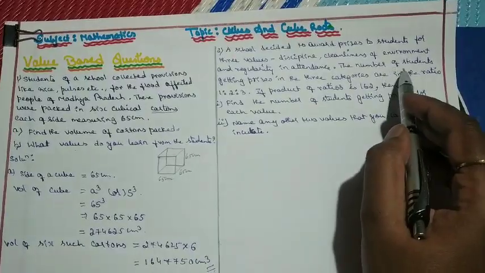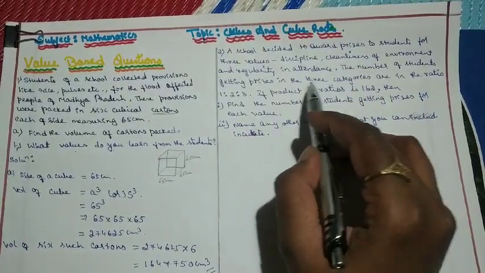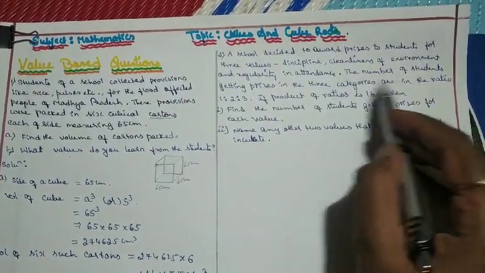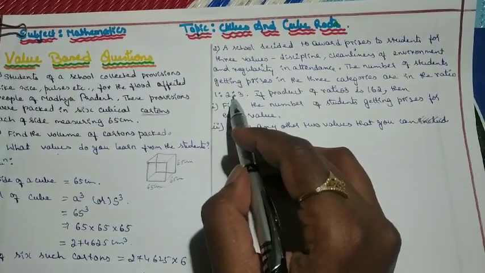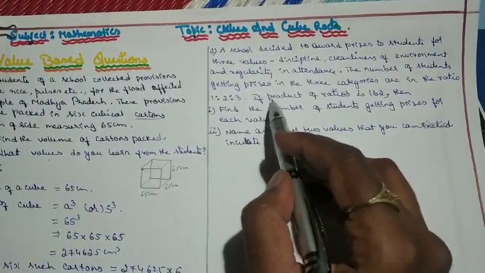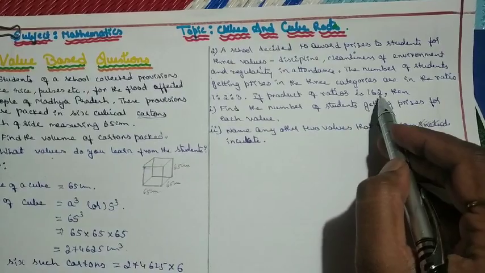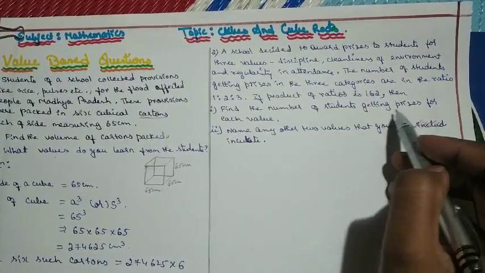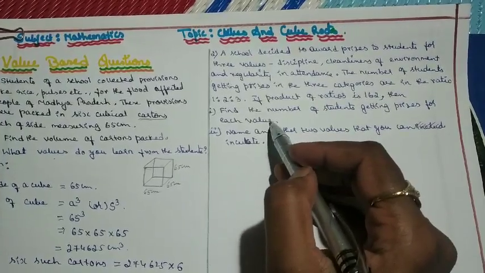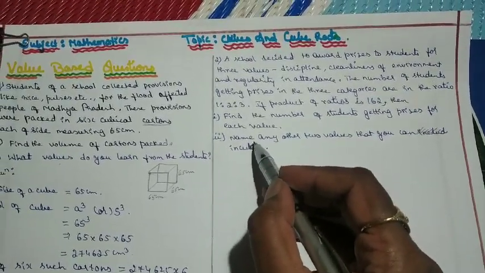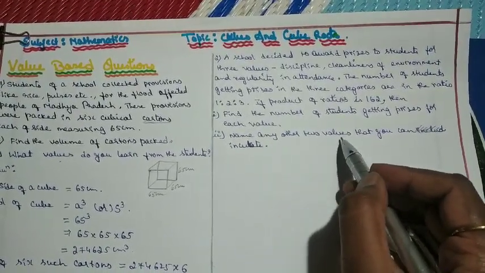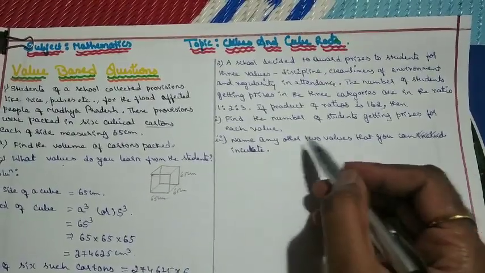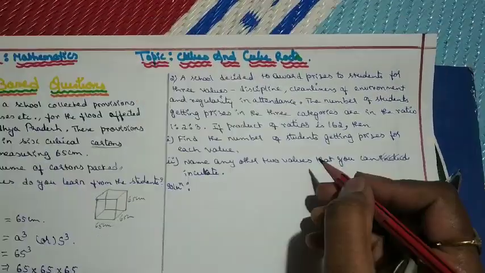The number of students getting prizes in the 3 categories are in the ratio 1:2:3. If product of ratios is 162, then find the number of students getting prizes for each value. And second question is name any other 2 values that you can inculcate.